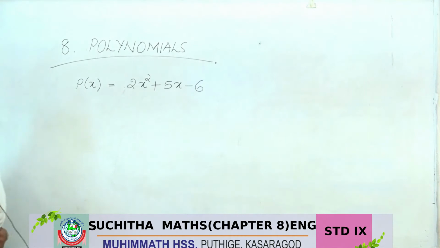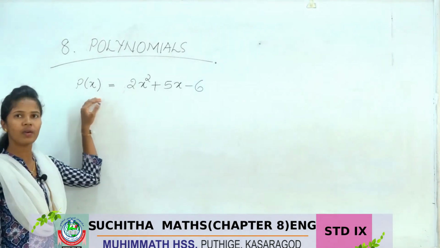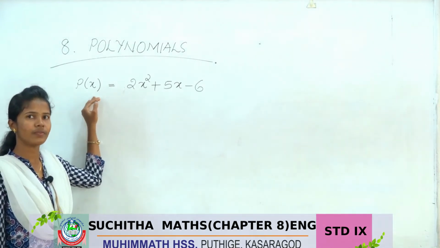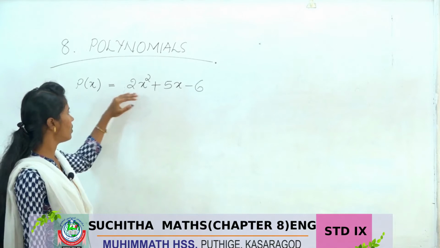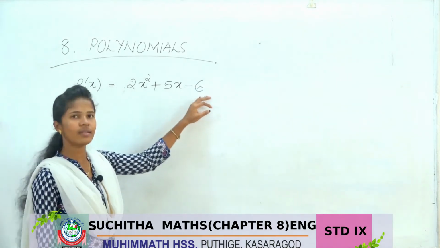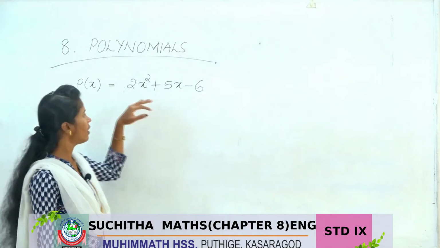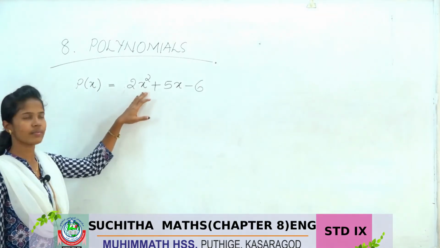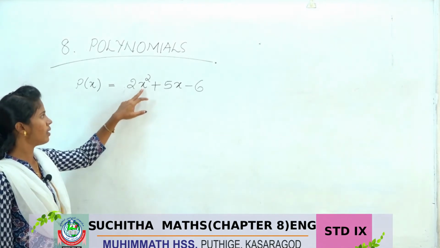Consider a polynomial p of x. Here p of x is a polynomial. Polynomials are denoted by p of x. So p of x equal to 2x square plus 5x minus 6. Here there are various powers of x. Here the power of x is 2.